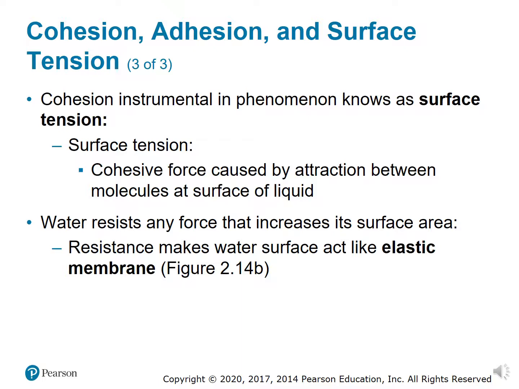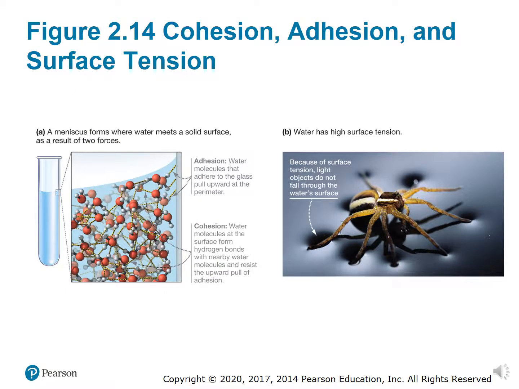And this surface tension causes water to bead up. So water resists any force that increases its surface area, and therefore it makes this elastic membrane. Because of this elastic membrane, you have spiders that can literally walk on water due to surface tension.